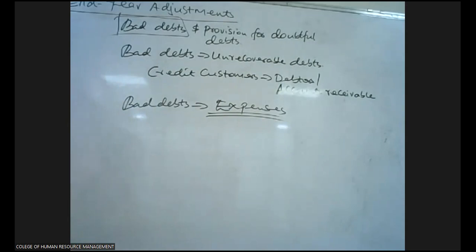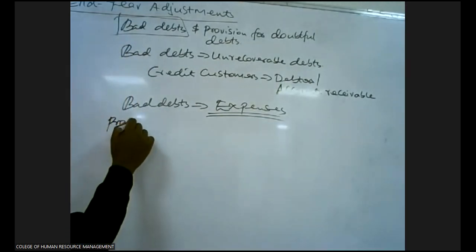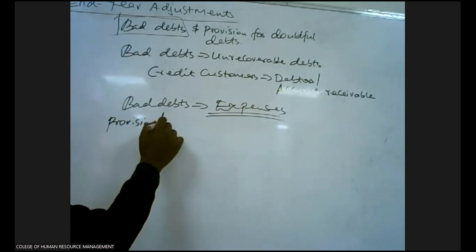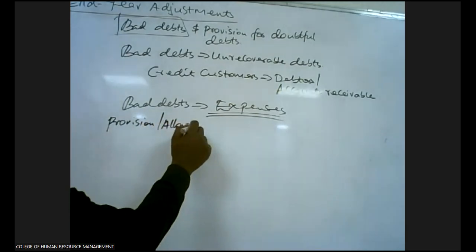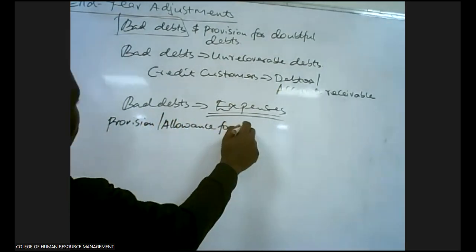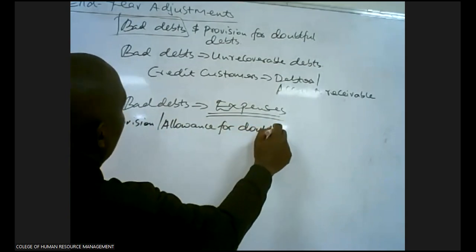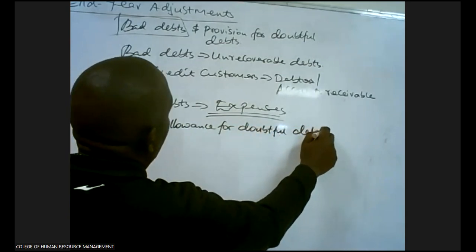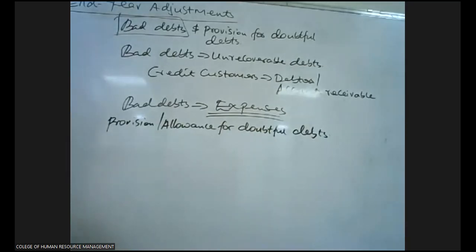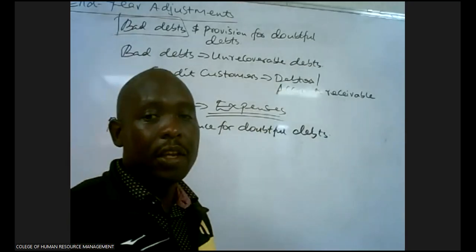Okay. Then, after the bad debts, we have got now what we call allowance or provision. So allowance for doubtful debts is similar or related to the bad debts.